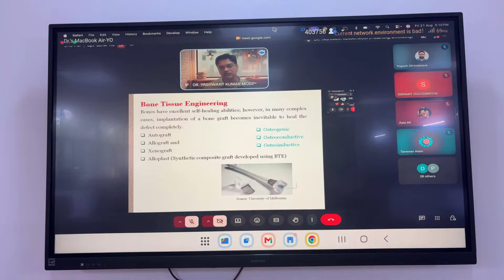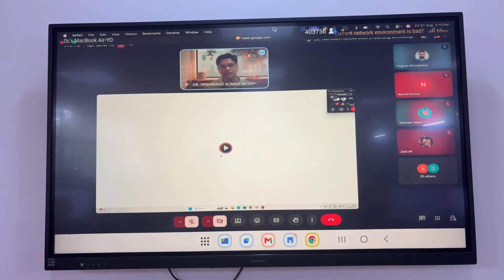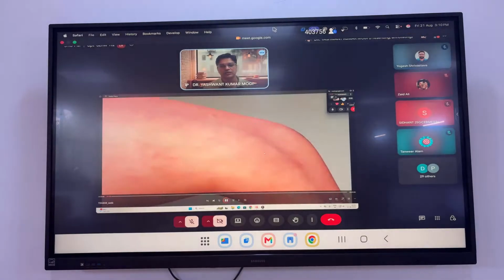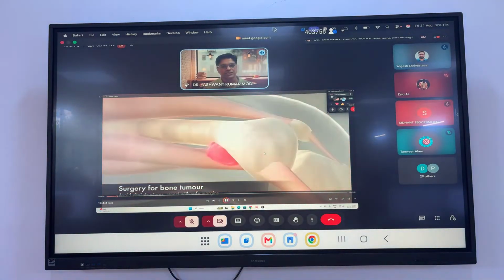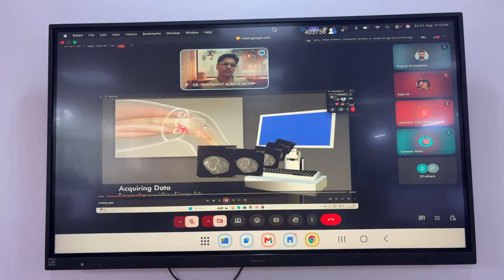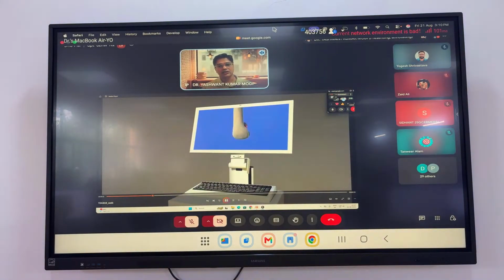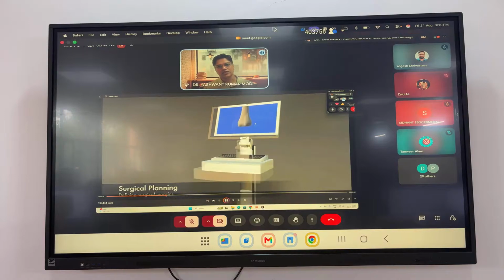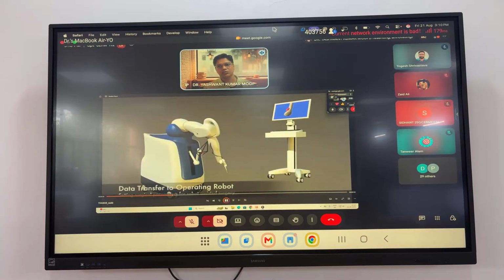So here is an example of a customized scaffold, and how it works. Suppose this is a cancerous bone. First of all, a CT scan is performed, and using the CT scan they create a CAD model, so they can see a cancerous tumor there.